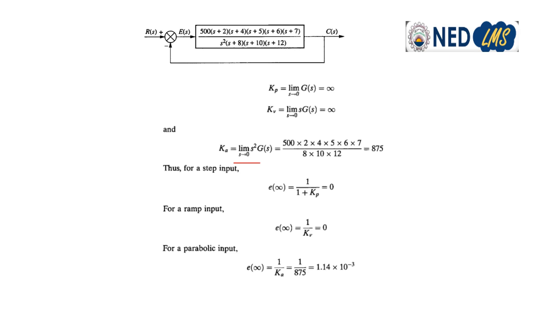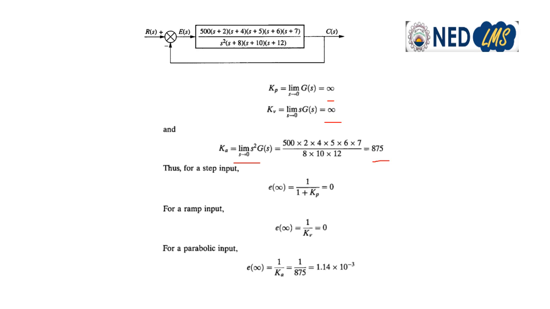So we have a finite value of 875 in this case for Ka, whereas Kp and Kv both are infinity because we have a type 2 system. And similarly we have calculated the steady state errors, so it is 0 for both step and ramp function, and it has some very minor value as steady state error for the parabolic function input.